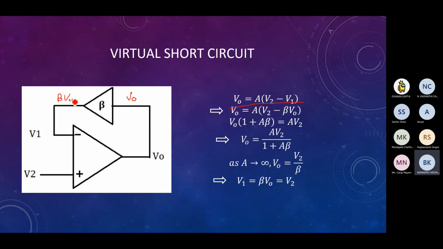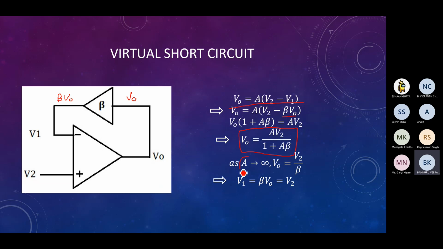So V1 is nothing but beta times V0. If we compute it, we will get V out equals A V2 by 1 plus A times beta. Beta is attenuating the negative feedback gain.